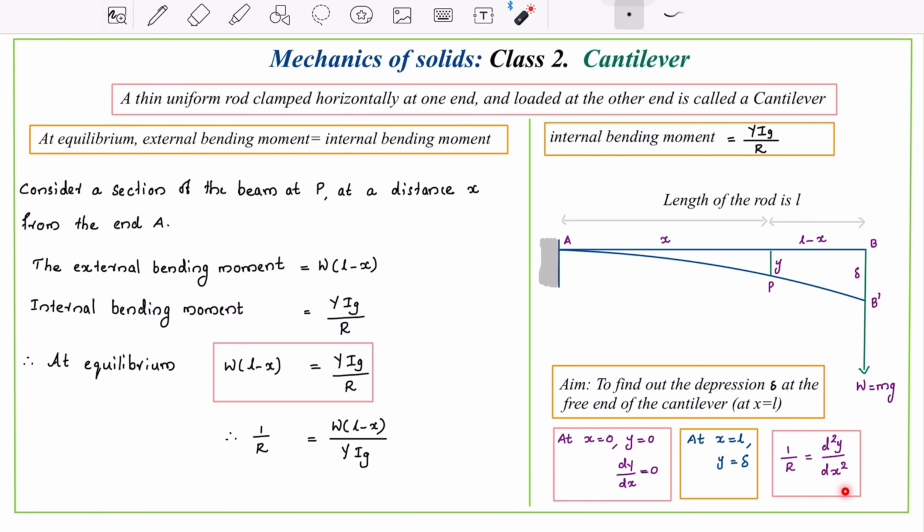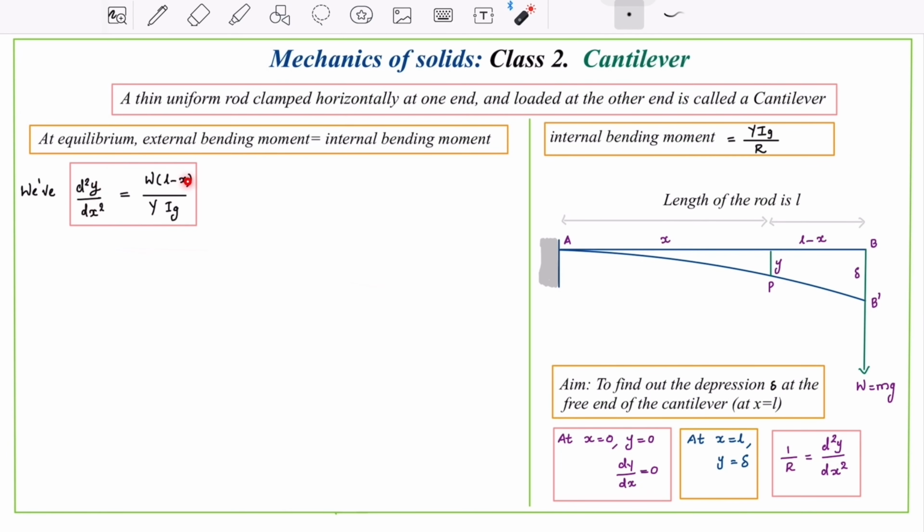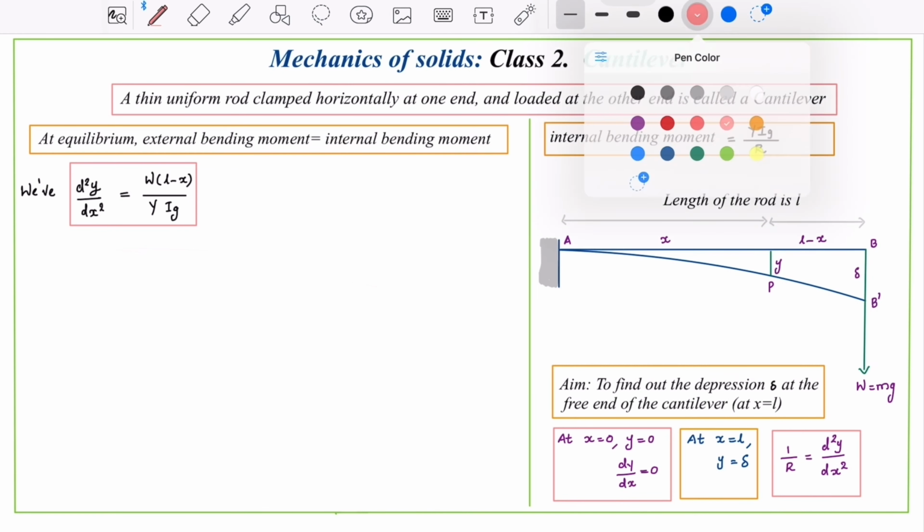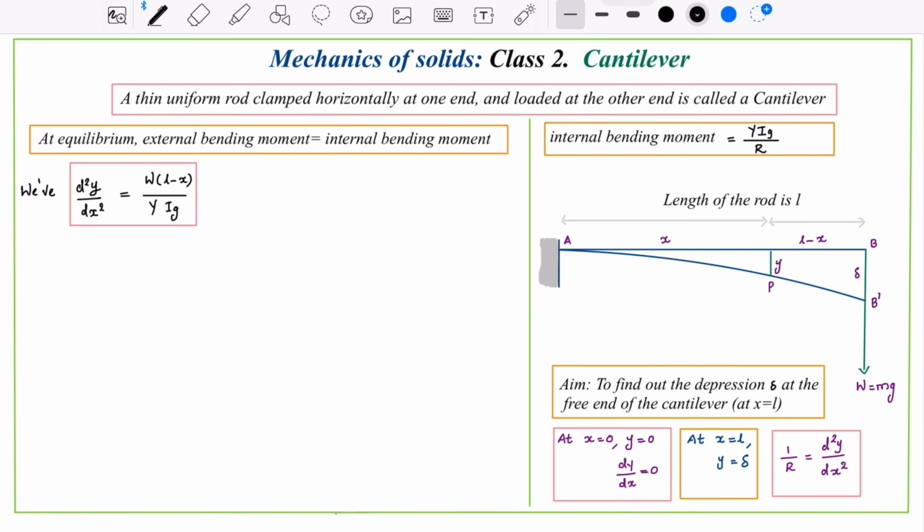Now we use the equation 1 by R is equal to d square y by dx square, that is equal to W into L minus x divided by YIg. So we are getting an equation d square y by dx square equal to W into L minus x by YIg, where y is the depression at a distance x and capital Y is the Young's modulus of the material of the beam.